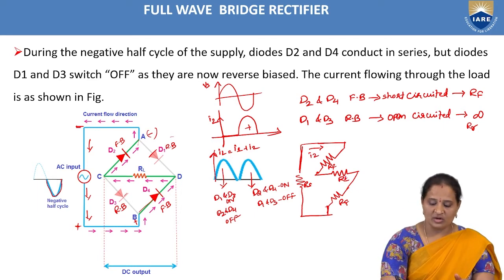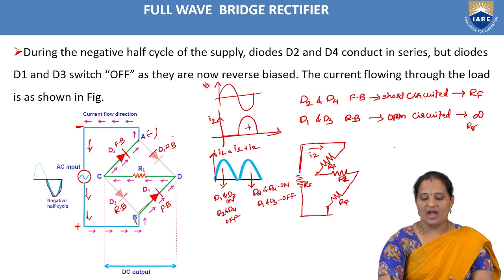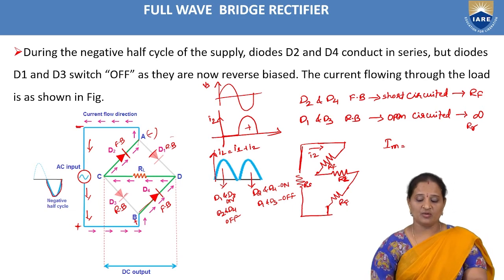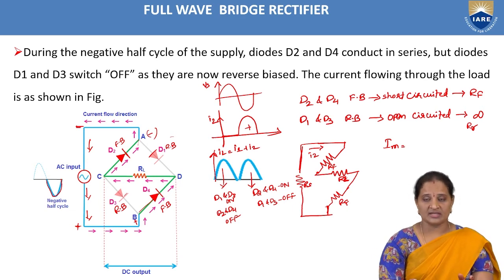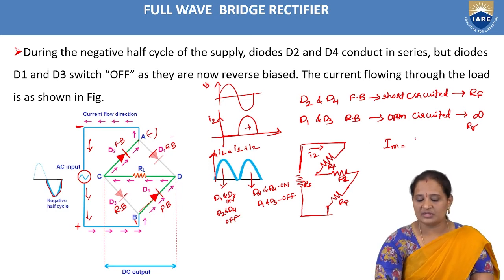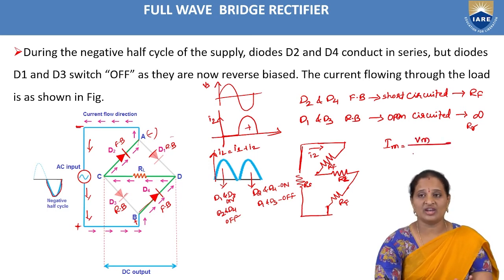As all these are connected in series, Im equals, we need to consider the forward resistance of the two diodes which are on. Generally we have Vm by RF plus RL in the case of the center tap full wave rectifier.